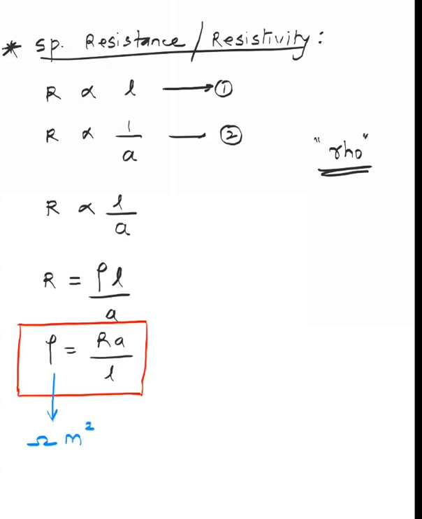And length is what? Meter. All answers are correct. So guys, now if you cancel meter and meter, what will you get eventually? Ohm meter. So that's the unit finally, ohm meter.